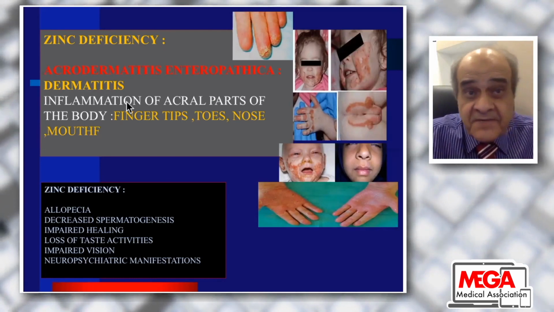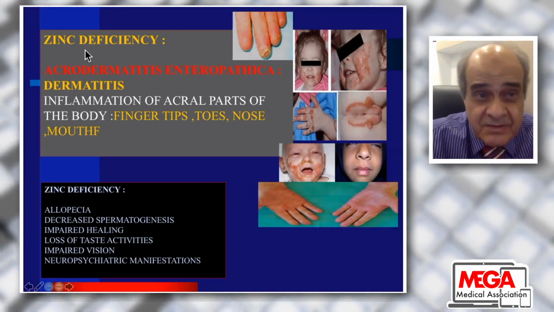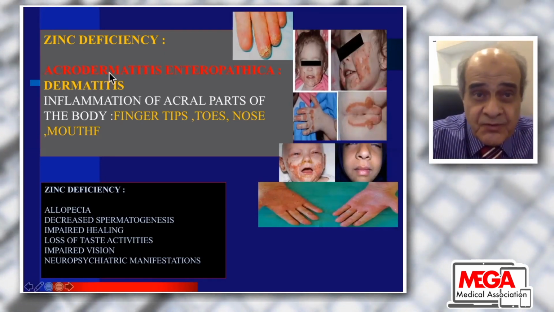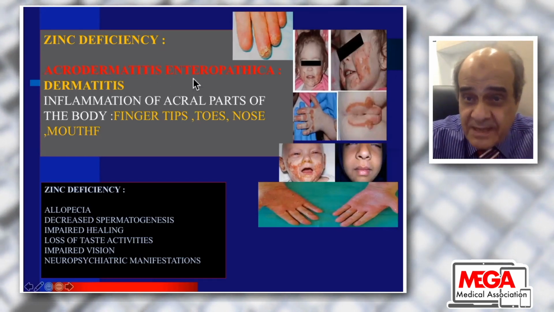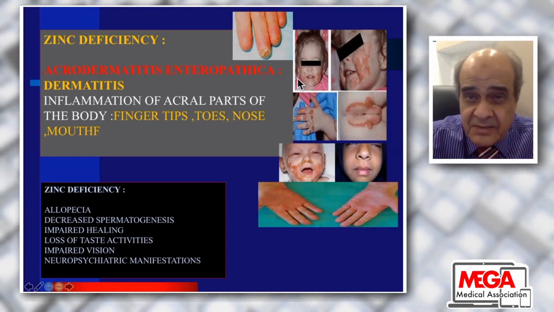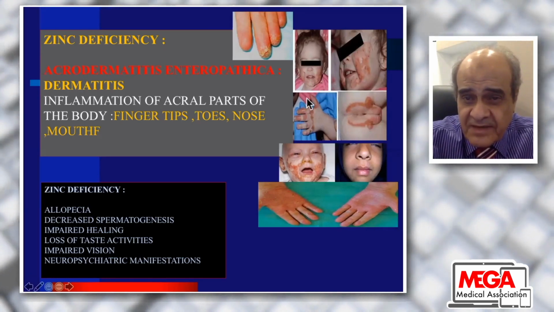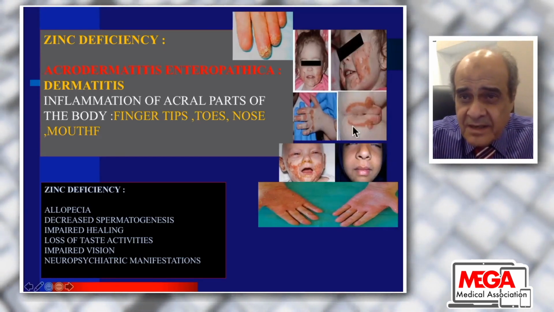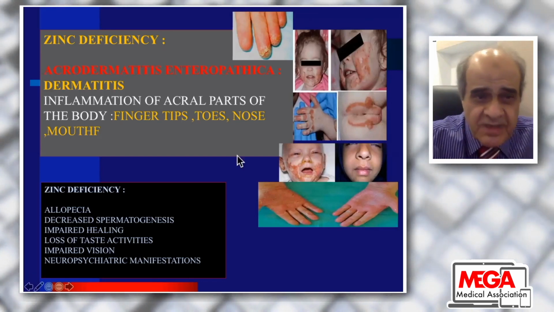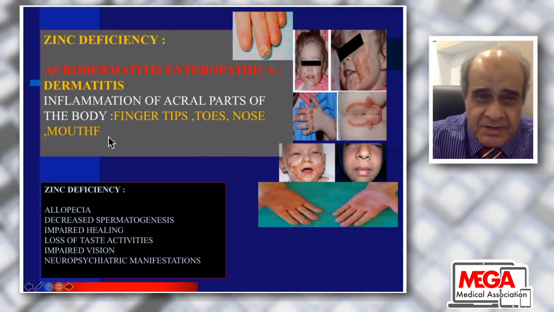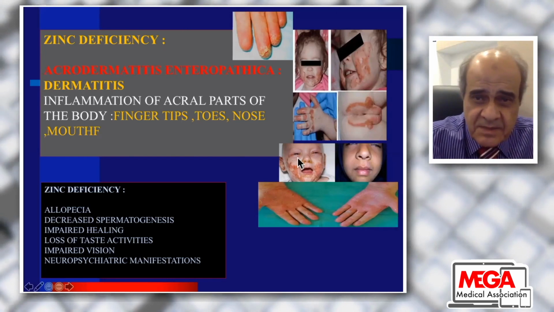Zinc deficiency leads to a characteristic syndrome, acrodermatitis enteropathica, which is inflammation around the acral areas, like the mouth and the tips of the fingers and also the toes. So it is very important to treat such dermatitis conditions with zinc.